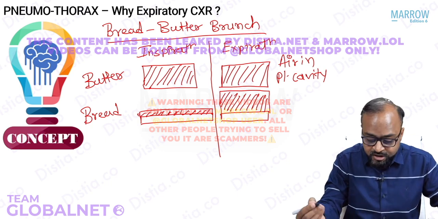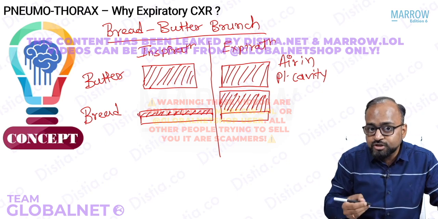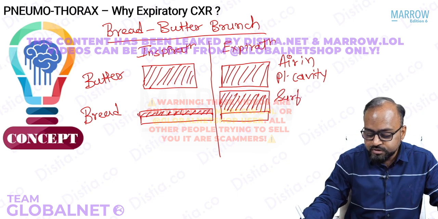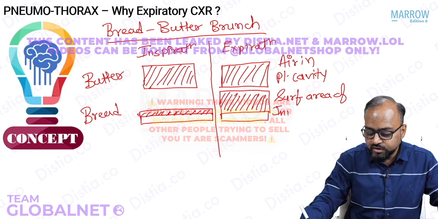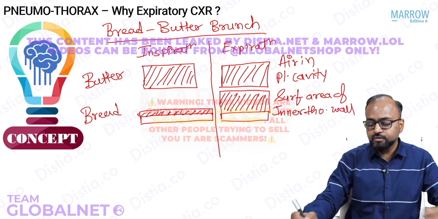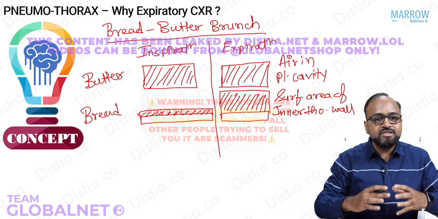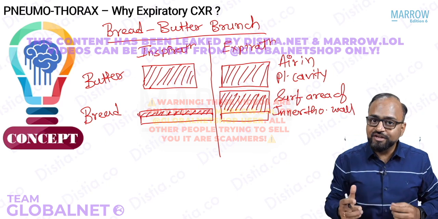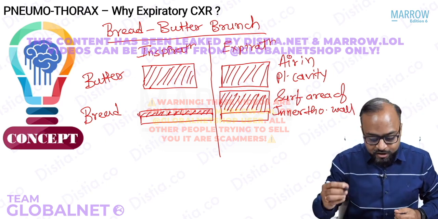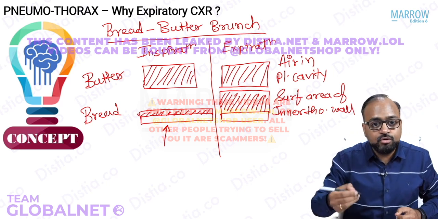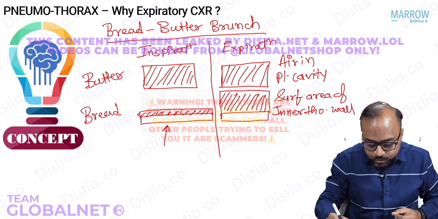But what changes is the size of the bread slice on which it is coated. So what changes is nothing but the surface area of the inner thoracic wall. So see, in inspiration, as the chest cage expands, the surface area of the inner thoracic wall increases. So it is like this larger bread slice on which that amount of butter is now spread out as a thin layer.